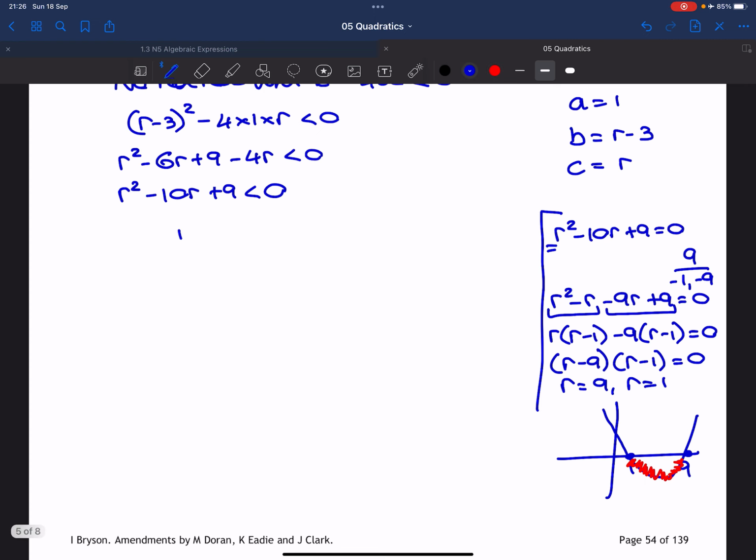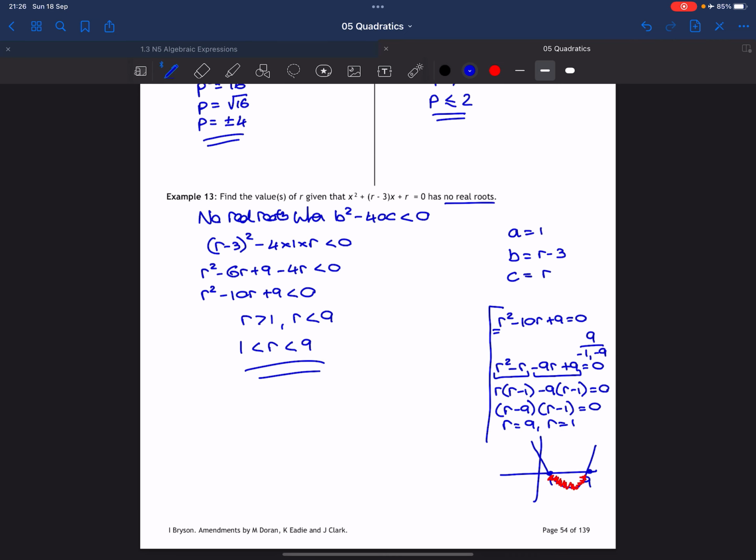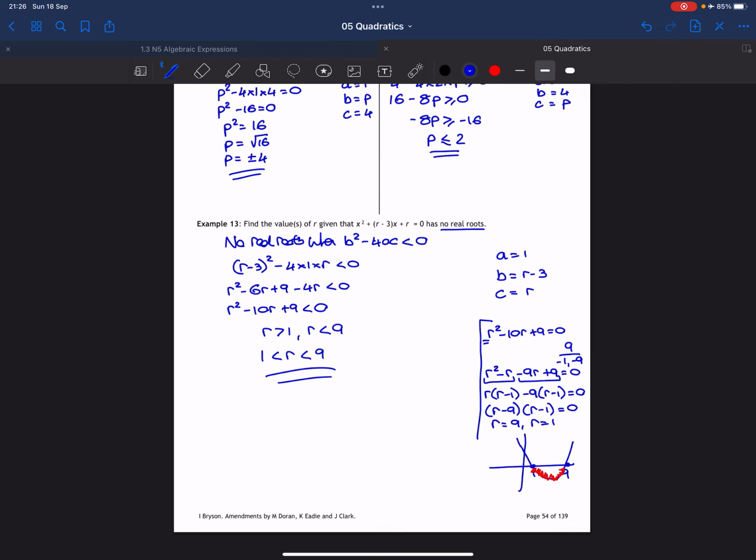So that's going to be when r is bigger than 1 and when r is less than 9. Because I have overlapping values of r, I get 1 is less than r, which is less than 9. Okay? So that means that the values of r which give this equation no real roots are the values of r between 1 and 9, but not including 1 and 9. Okay?